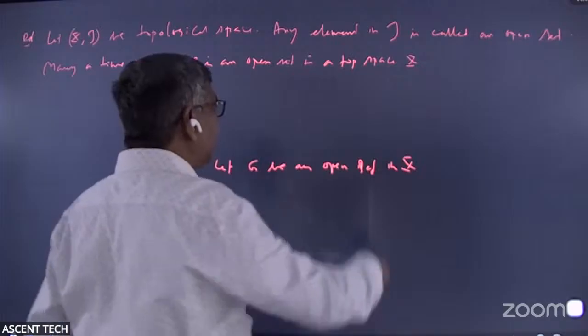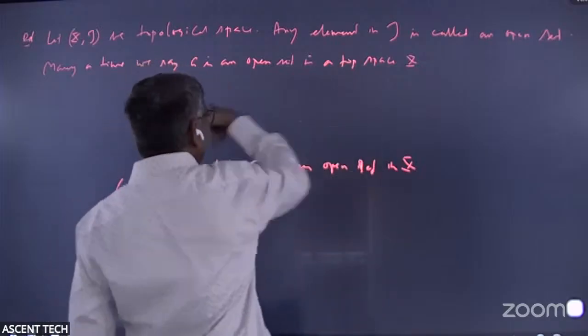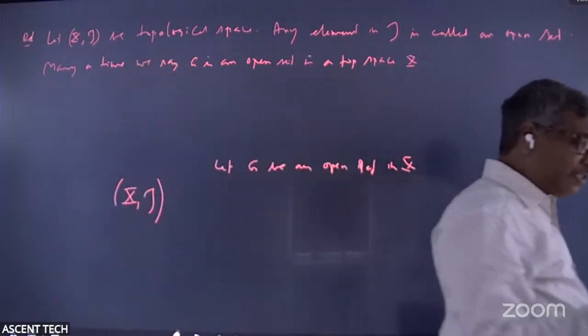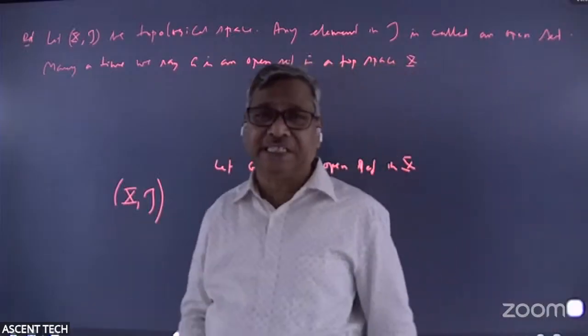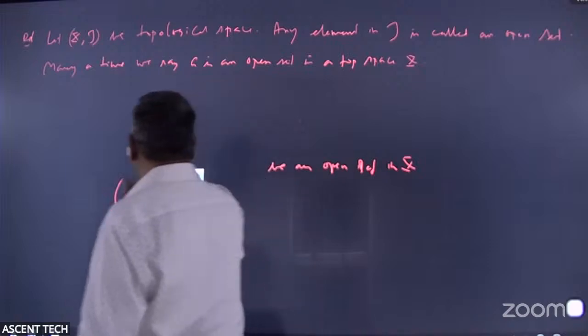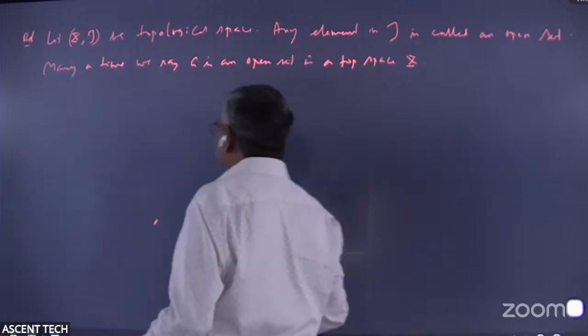What we mean is that on X there is a T, and this G belongs to T. And in case of two topologies, I have to be very particular with respect to which topology this set is open in. Let's take some examples for you to actually feel.